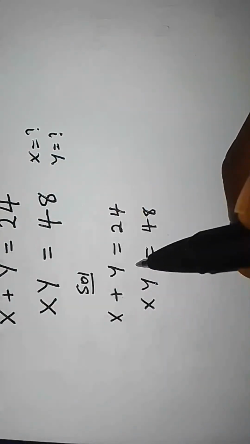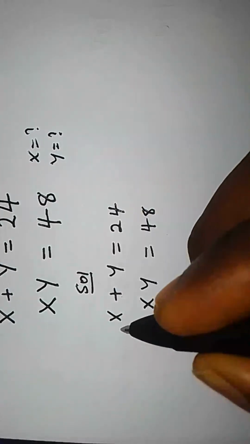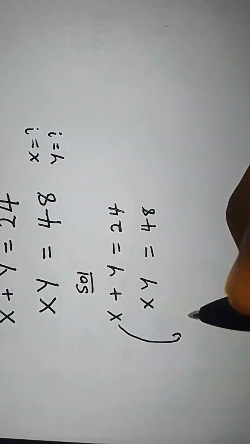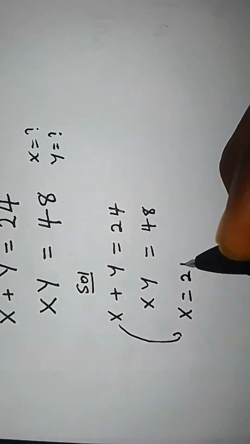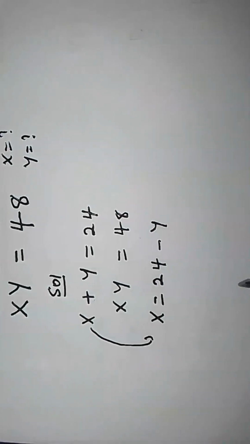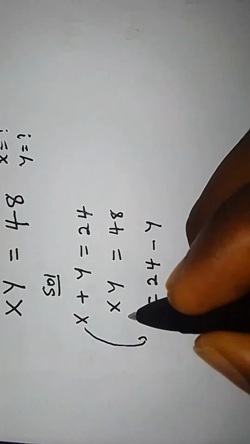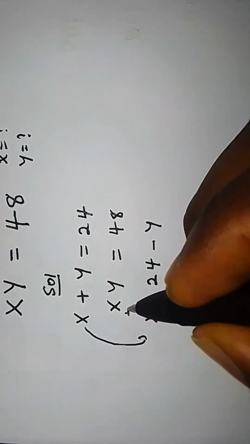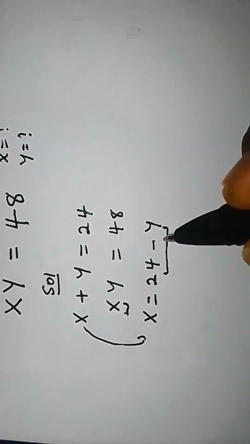If we move y to the right hand side, this becomes x equal to 24 minus y. The next thing we have to do now is to replace this particular x with 24 minus y.